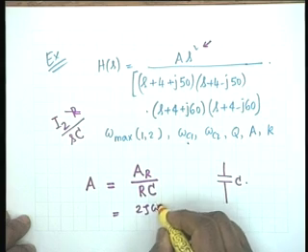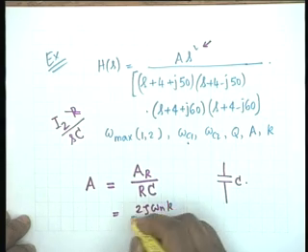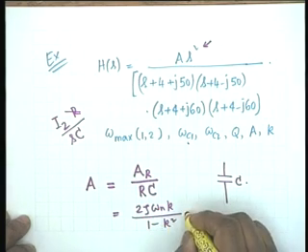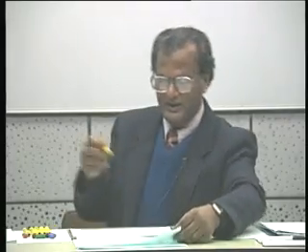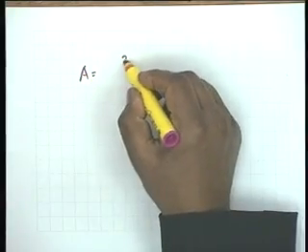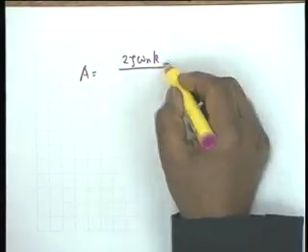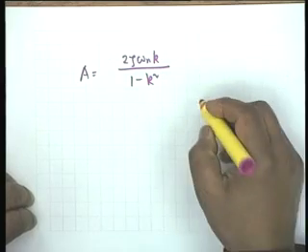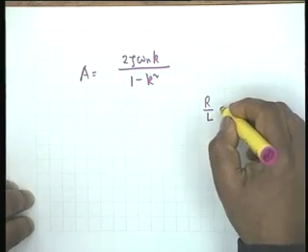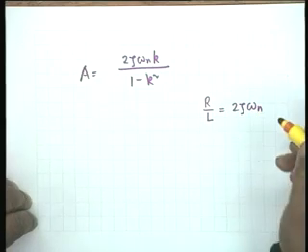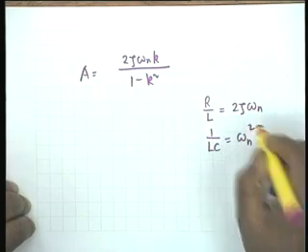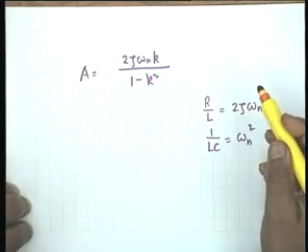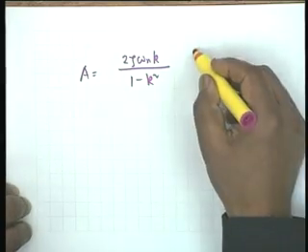So our A_R, if you recall, is twice zeta omega n k divided by 1 minus k squared, multiplied by 1 by RC. So A in this case shall be equal to twice zeta omega n k divided by 1 minus k squared. You also recall that R by L is twice zeta omega n, and 1 by LC equals omega n squared. Therefore, this R and C can be replaced in terms of their equivalent values.